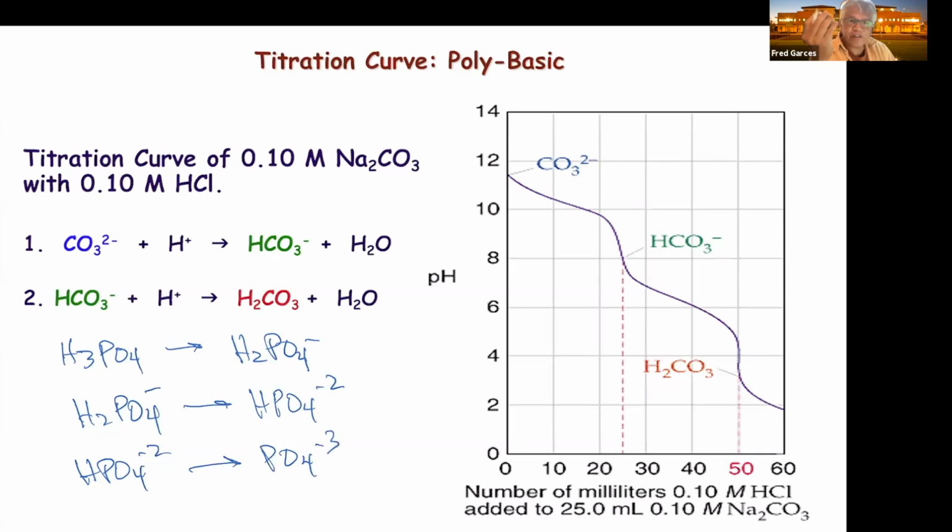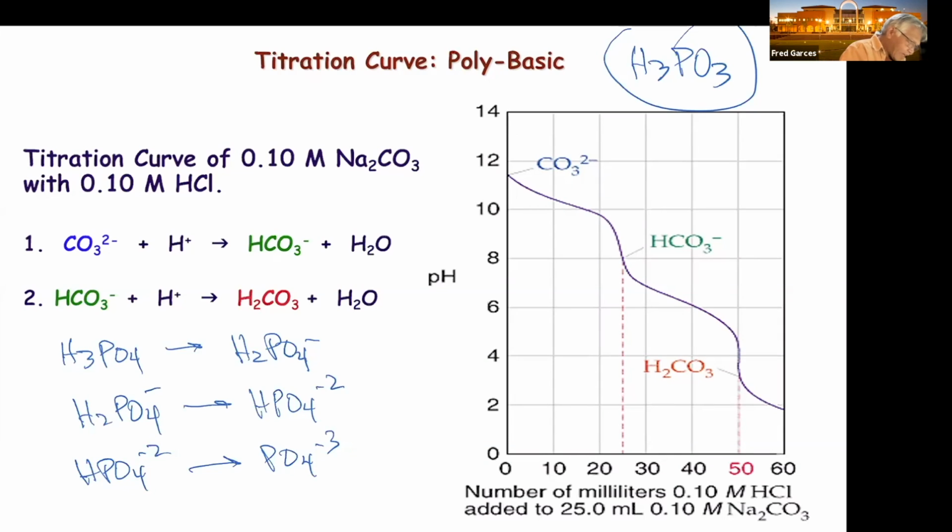So you can see that phosphoric acid, just by its formula, H3PO4, is triprotic. Don't confuse phosphoric acid with phosphorous acid, H3PO3. H3PO3 is only diprotic. Why? Because that third hydrogen is not attached to oxygen. It's attached to phosphorus. So only two hydrogens in phosphorous acid are ionizable. But phosphoric acid, that's not the case. All three hydrogens are ionizable.